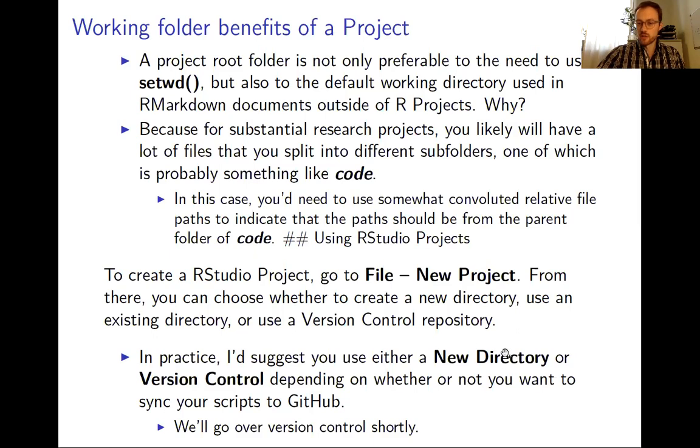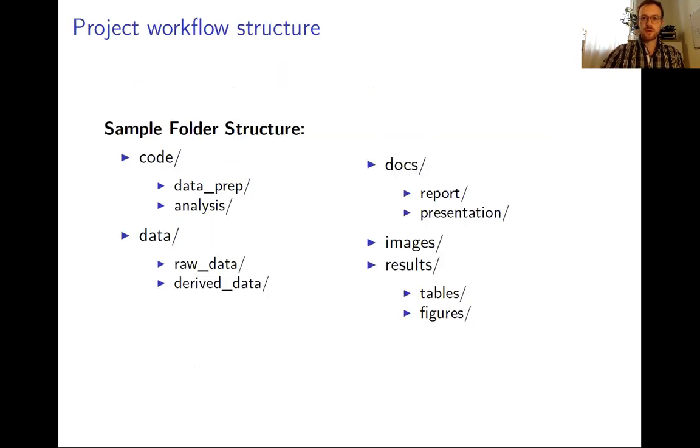In general, you should either create a new one or use one with version control, and we also talk about this shortly. This directory will then be your root folder, and everything within that directory will be part of your RStudio project.